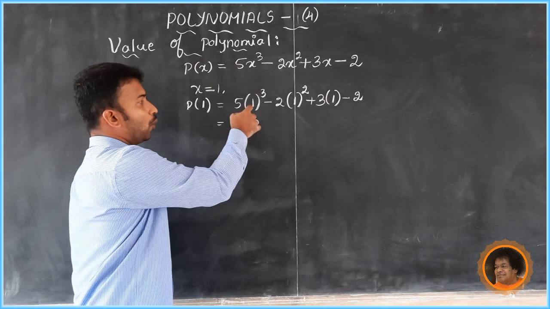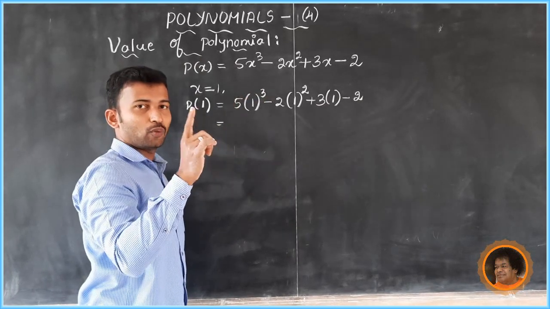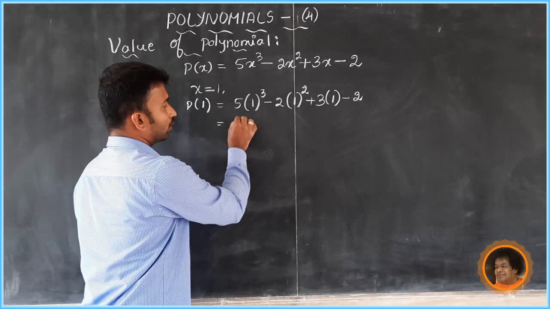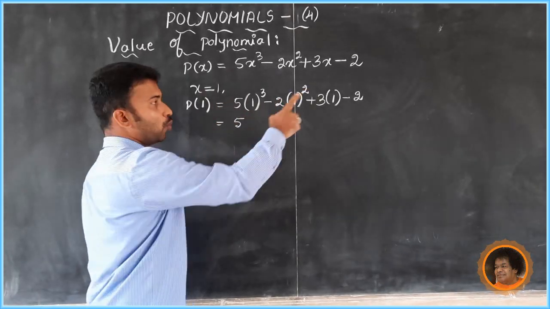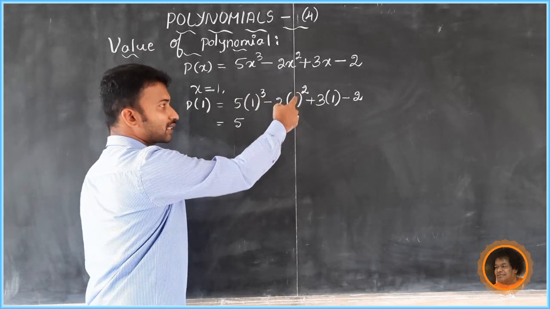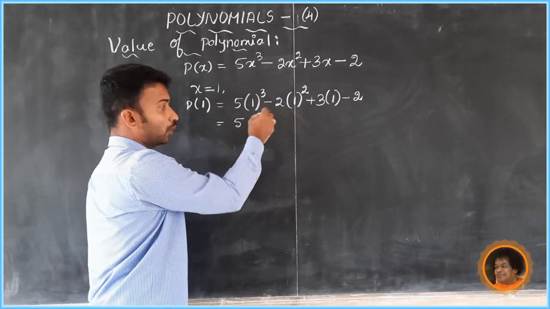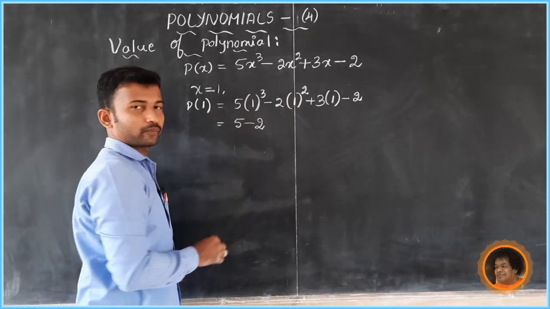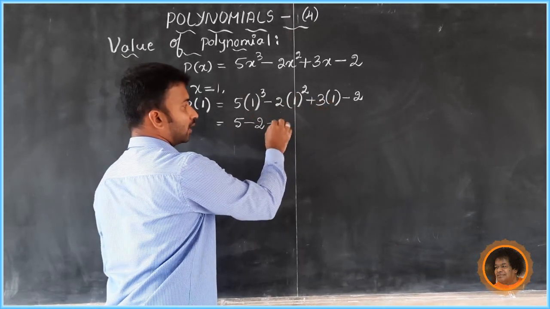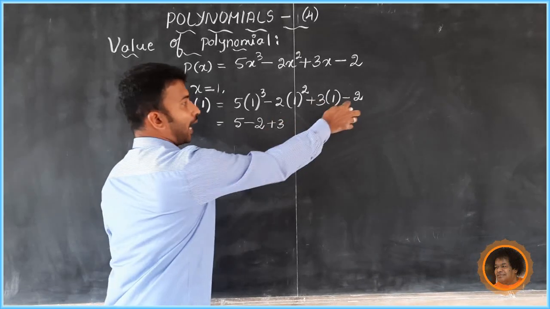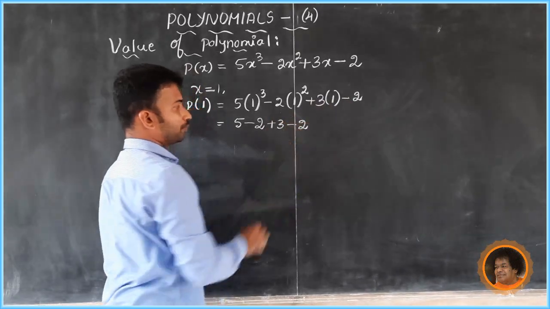Simplify. 1 cube is 1, 1 into 5 is 5. 1 square is 1, 1 into minus 2 is minus 2. Plus 1 into 3 is plus 3, and minus 2.